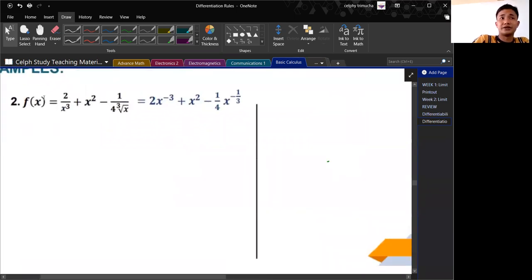This is what we need to differentiate. The original equation is 2 all over x cubed plus x squared minus 1 all over 4 cube root of x.